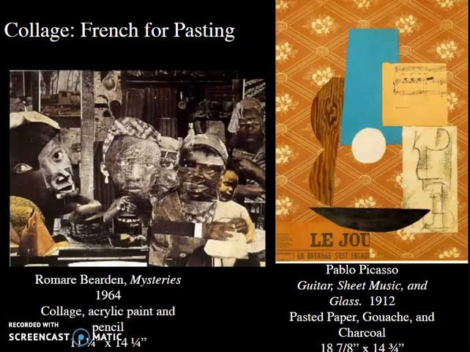We see an example by a more contemporary artist, Romare Bearden, who was very notorious for using collage and mixing and matching different portraits together. And on the right, an image by Pablo Picasso, where he is experimenting with some sheet music and colored paper, etc.